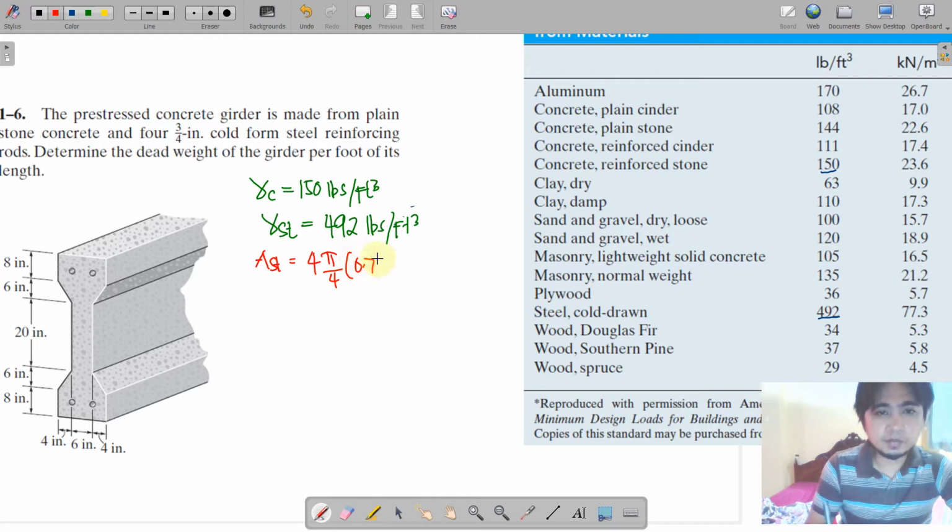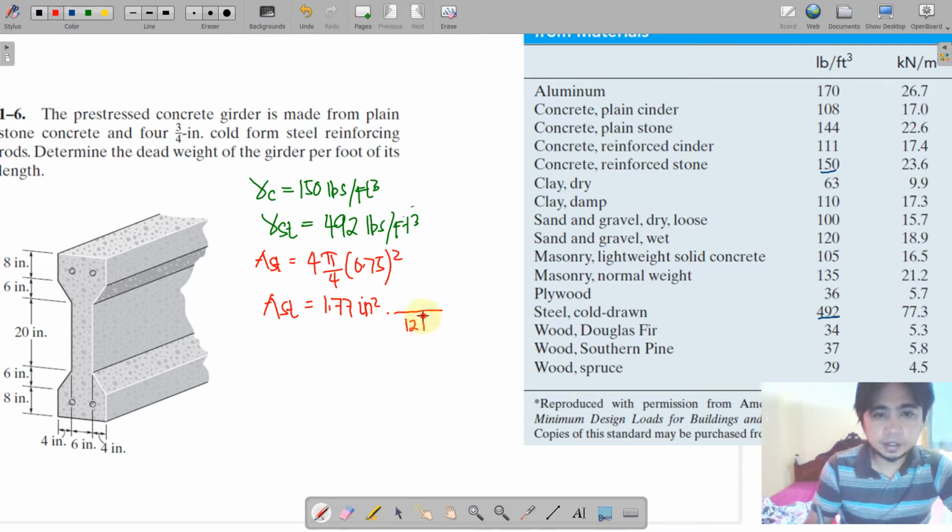So we have here 3/4, 0.75, that is squared. So we will be having here an area for steel in terms of inches squared. So we have here 1.77 square inches. And of course, we will convert this in terms of feet for consistency.